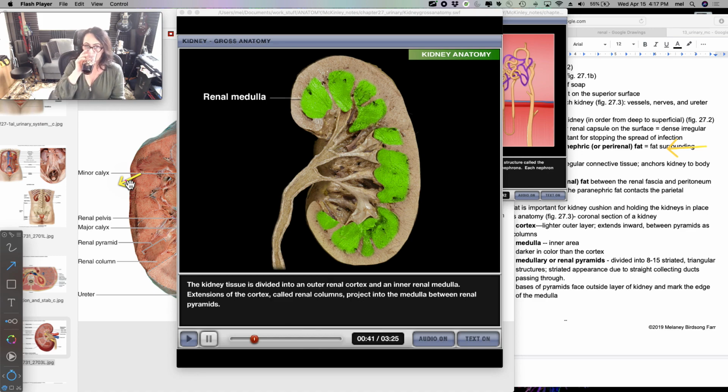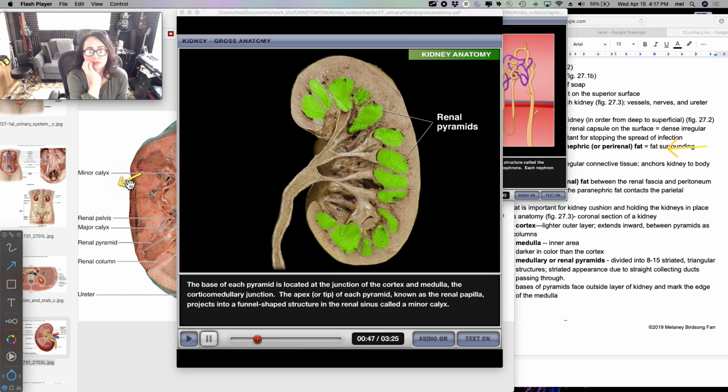Extensions of the cortex, called renal columns, project into the medulla between renal pyramids. The base of each pyramid is located at the junction of the cortex and medulla, the cortical medullary junction. The apex or tip of each pyramid, known as the renal papilla, projects into a funnel-shaped structure in the renal sinus called a minor calyx.